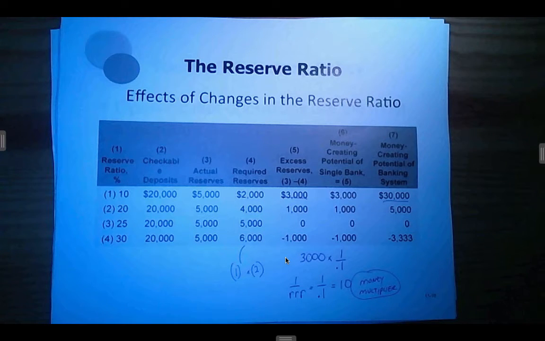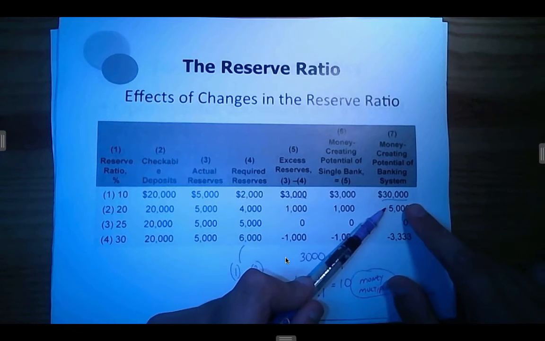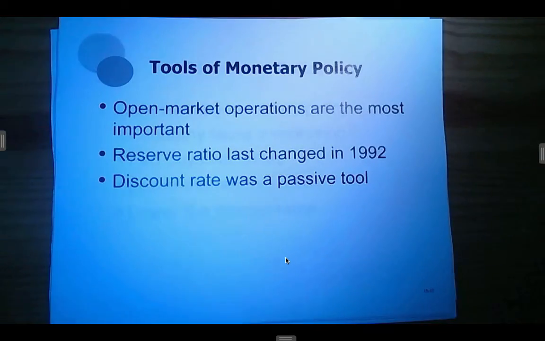Well, that bank then is going to hold on to 10% of it, so they're going to hold on to $300, which means $2,700 can now be lent out to some other bank that then will just have to keep back $270, which means that $2,430 can now be lent out, and so on and so forth, such that it's all going to add up to $30,000.